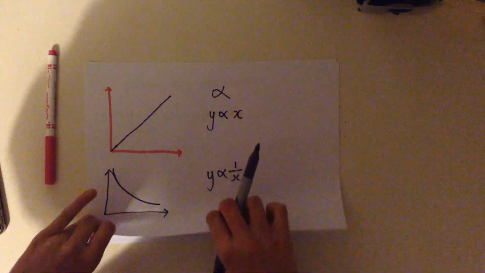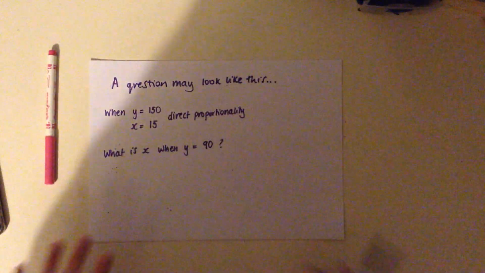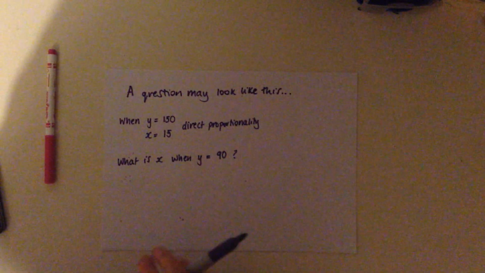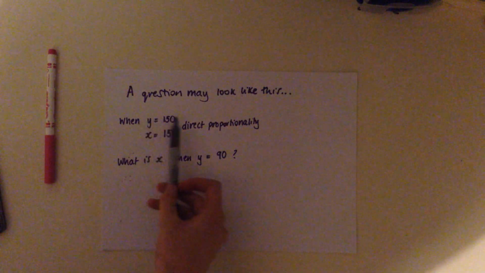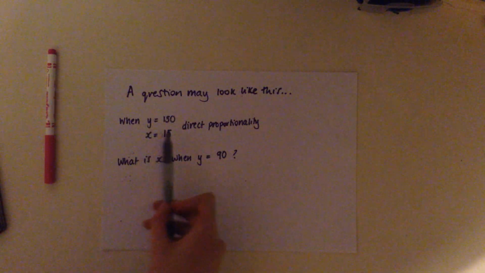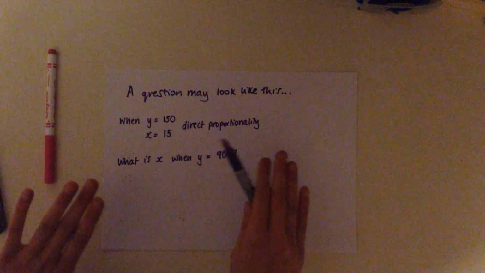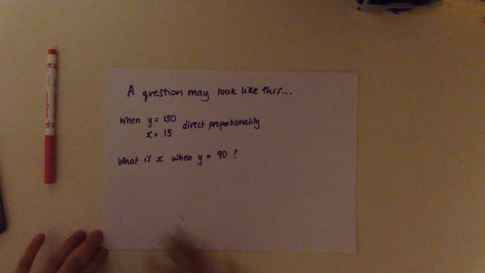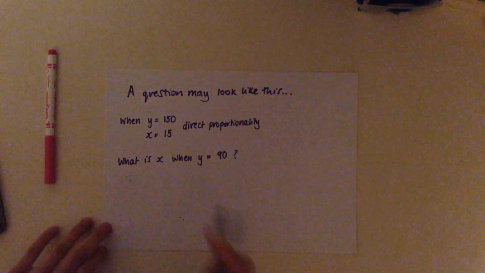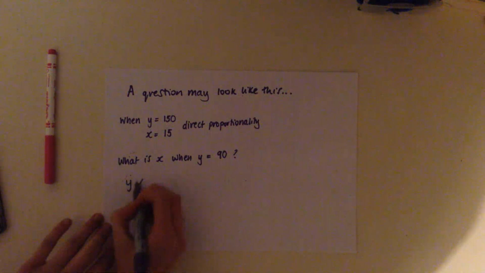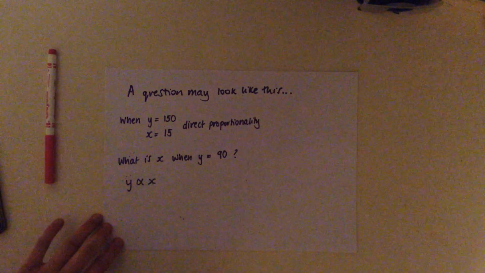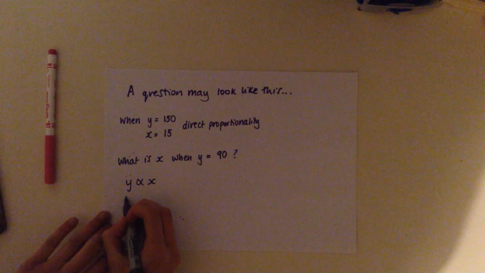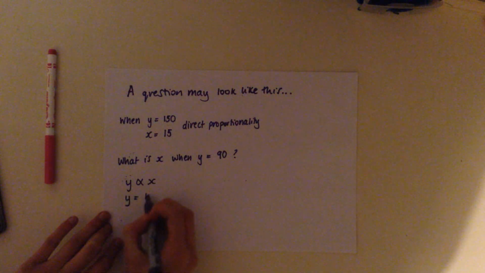Okay, so for direct proportionality, this is what a question may look like. So when y is 150 and x is 15 and they're directly proportional, what is x when y is 90? So y is directly proportional to x, which is the same as writing y equals kx.